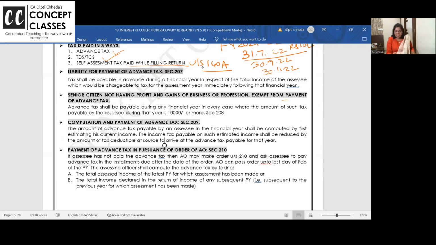Others should pay advance tax during the financial year in every case where the amount of tax payable by the assessee during the year is 10,000 or more. So if you are a small assessee paying just 8,000 tax, you need not pay advance tax, you can pay 8,000 with self-assessment. But anyone whose tax payable other than TDS is above 10,000 is liable to pay advance tax.